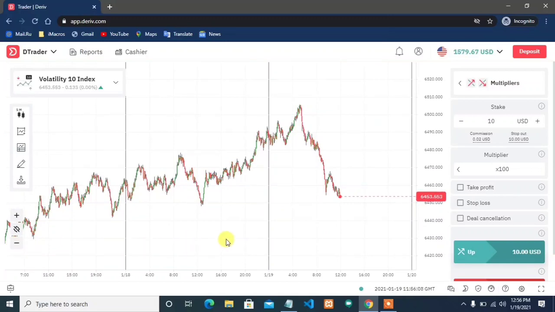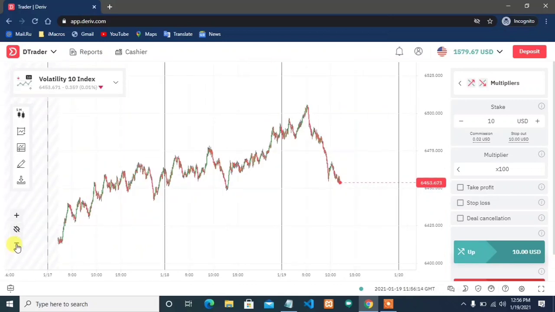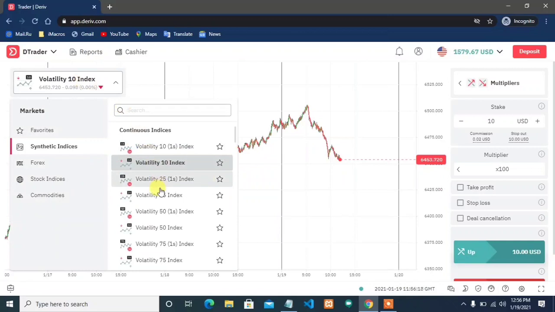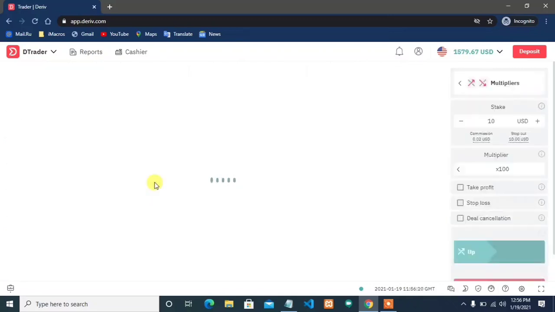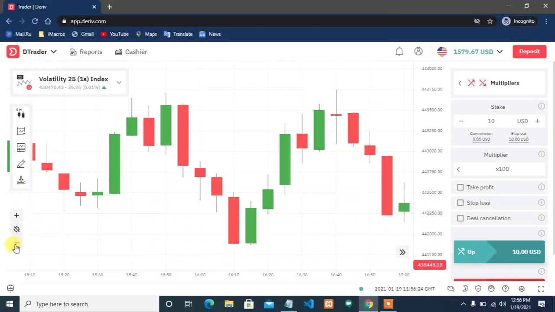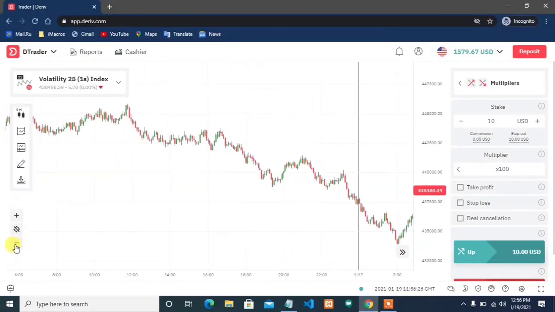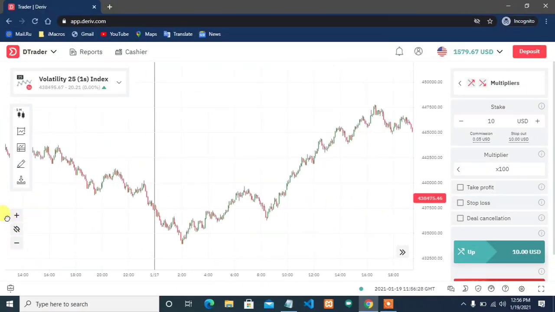Okay, let's see if we can get a good spot to draw our trend line and to take an accurate trade. Okay, so you have to minimize the charts.